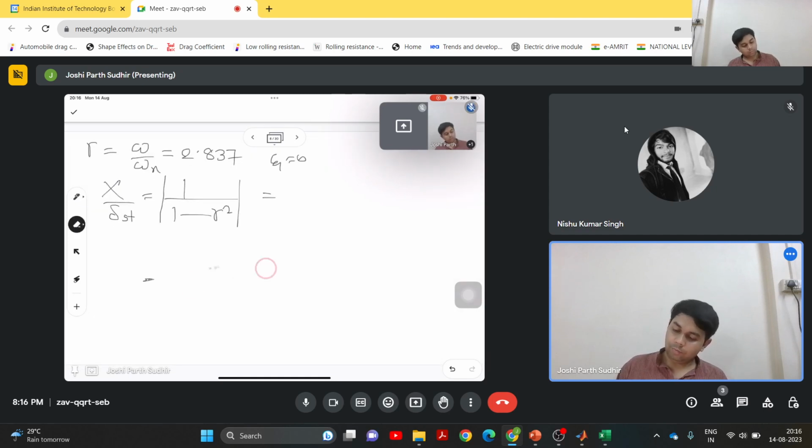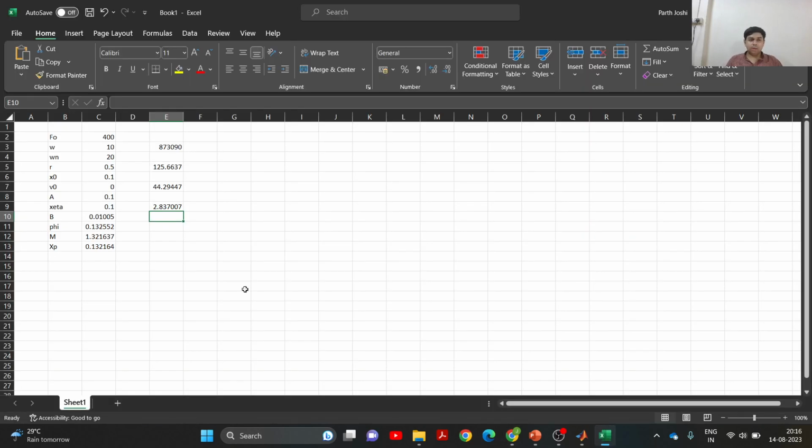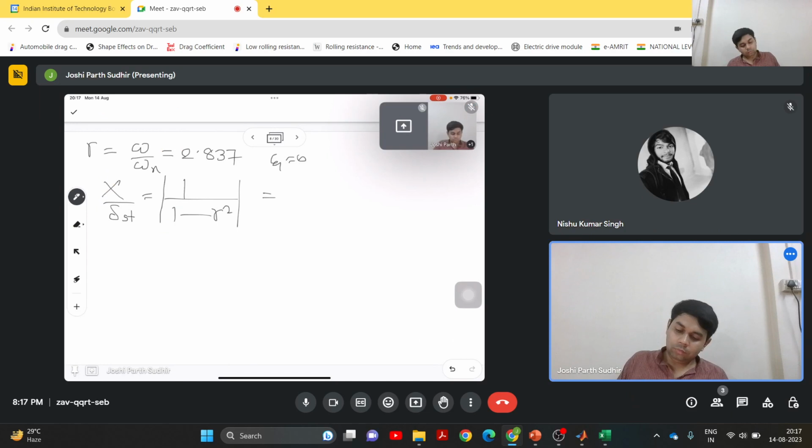So therefore this magnification factor will be 1 upon 1 minus 2.837 square, so it will be about 0.142 times the static deflection.